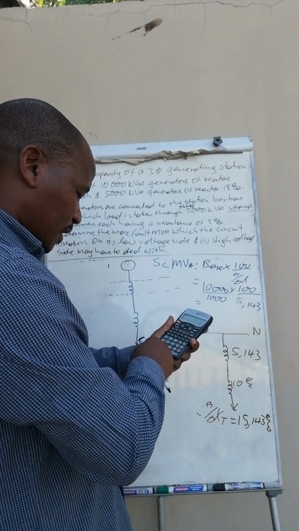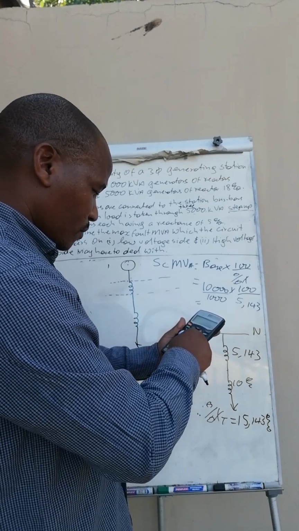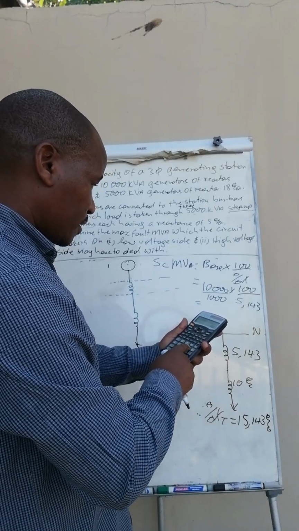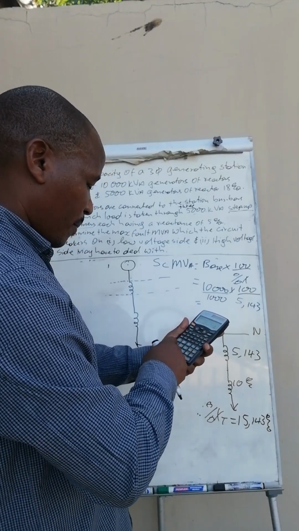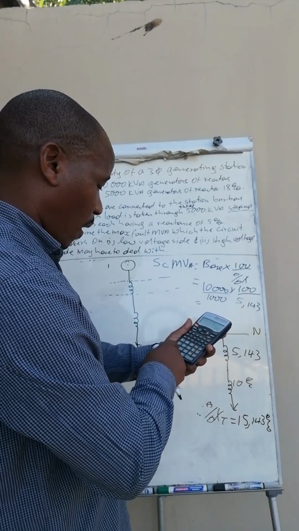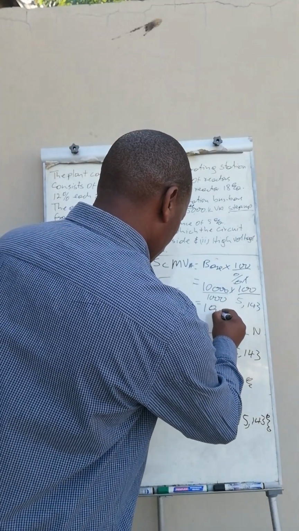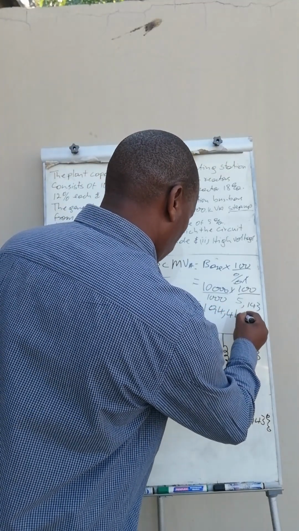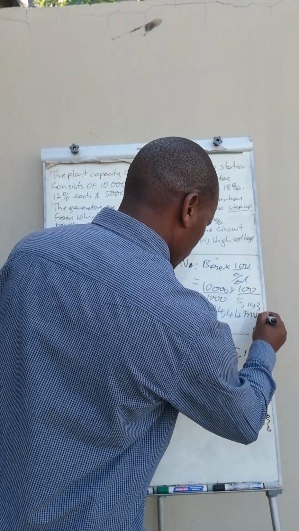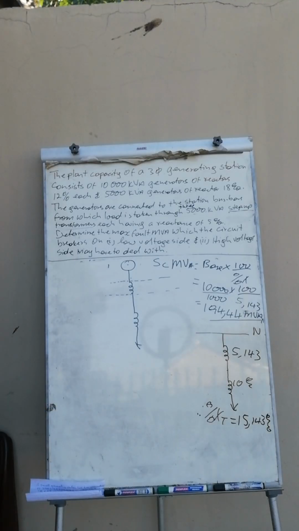It's 10,000 divided by 1,000, multiplied by open brackets 100 divided by 5.143 closing brackets. The answer is 194.44 MVA.